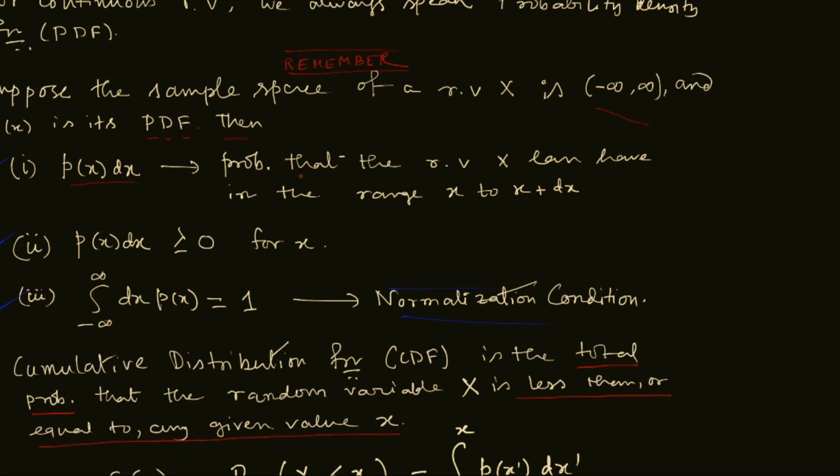Then p(x) dx, what does it mean? It basically means the probability that the random variable x can have a value in the range x to x plus dx. You can just remember this from Maxwell's speed distribution.